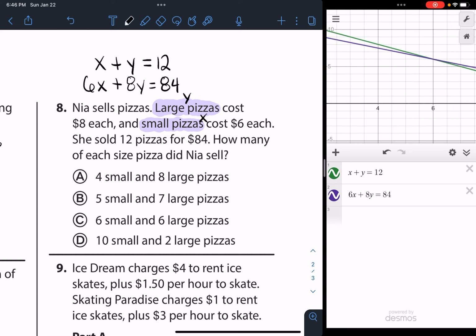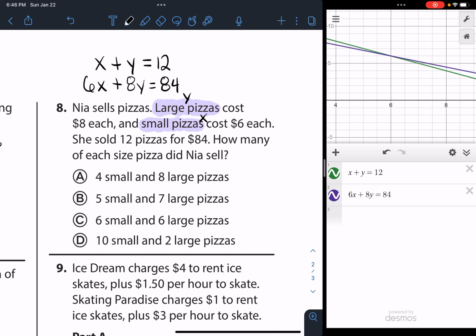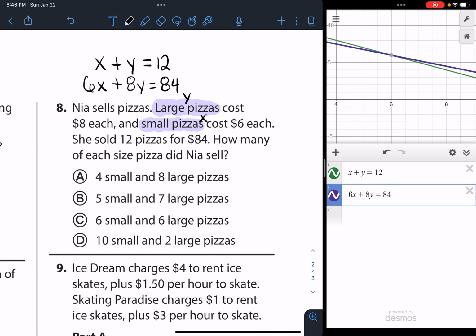So we scroll over here. Let's click on the intersection. That intersection is 6, 6. And remember, we let small pizzas represent our x value, and in a coordinate point you have x comma y. So the first one is 6, and the other one is also 6.